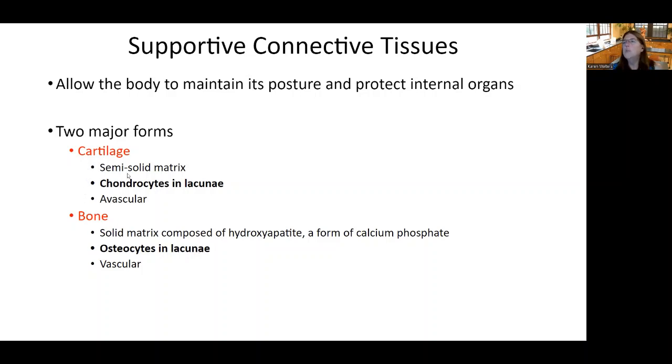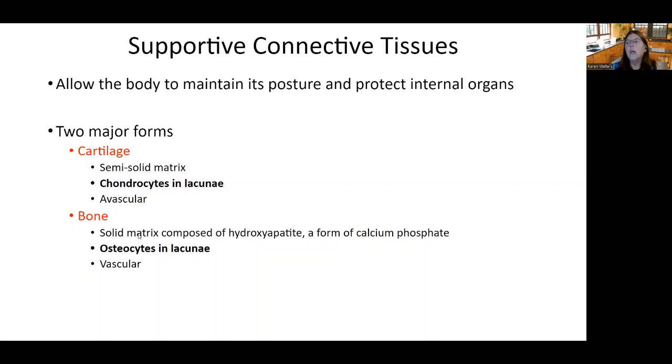So cartilage we would consider a semi-solid matrix laid down by chondrocytes. It tends to be avascular, which actually is one of the properties of cartilage. Doesn't heal very quickly. If you have cartilage damage, it takes more time to heal it because there's not as much blood supply there.